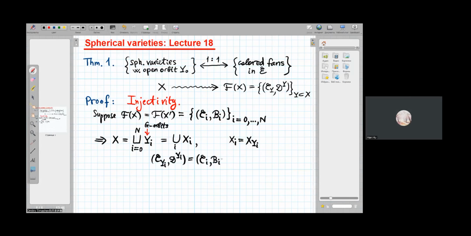Okay? And absolutely similarly, we have a similar decomposition for X prime, because the fan of X prime is the same by assumption. So let me write this decomposition below. So X prime is also a union of the same number of orbits.